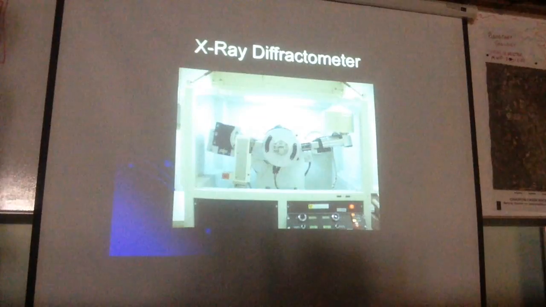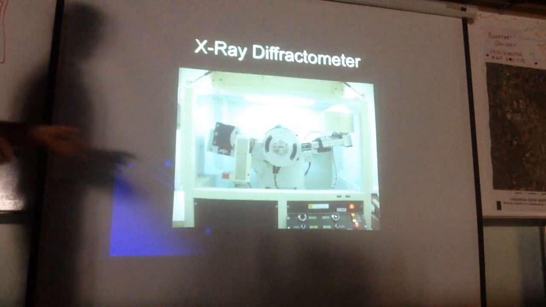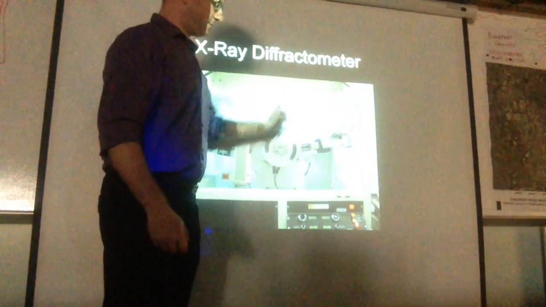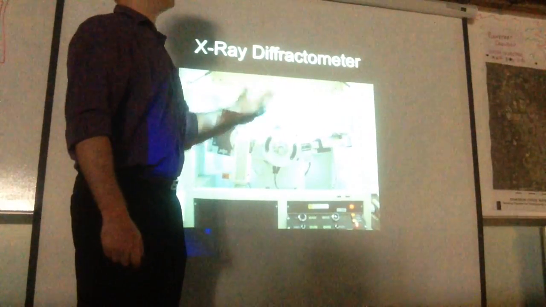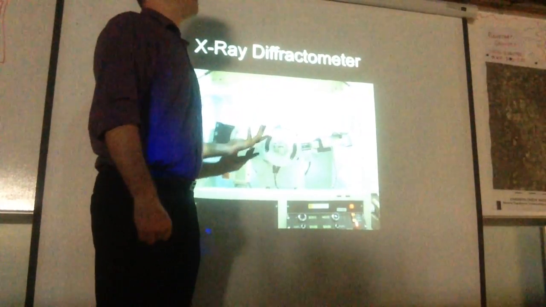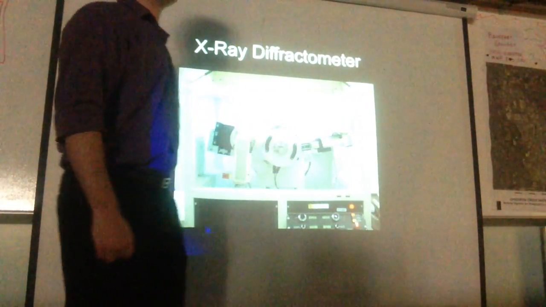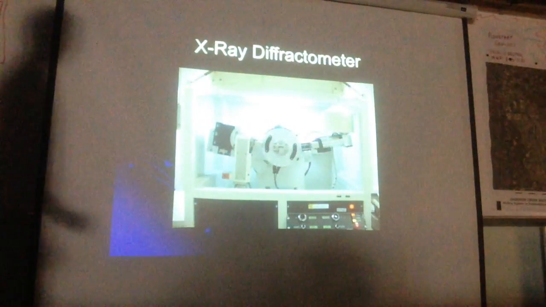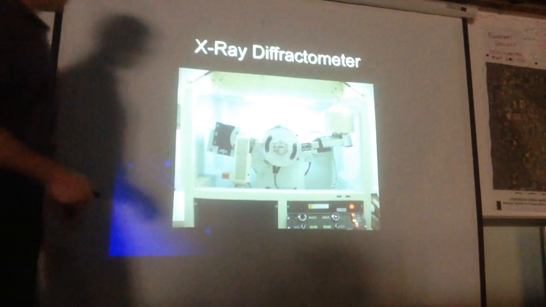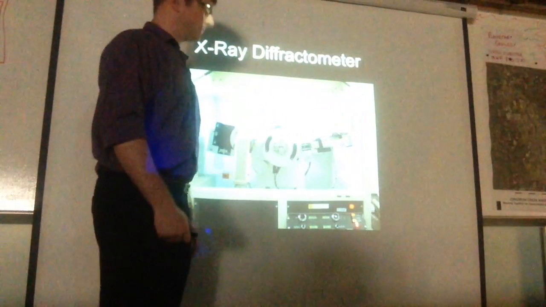So that you can go through and it will detect from 0 degrees. Usually you don't set it at 0. Usually it's like 5, maybe 5 to 90 or something like that, or 5 to 75.